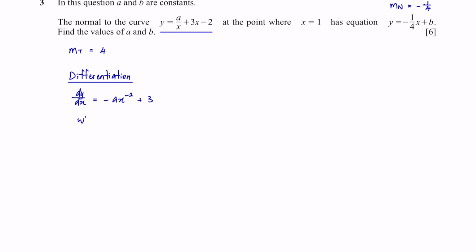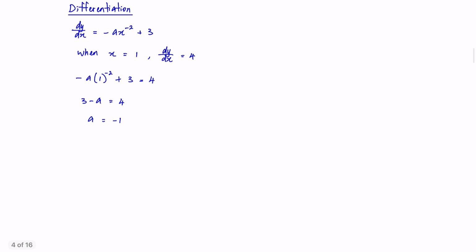And when x equals 1, dy/dx equals 4. So negative a times 1 to the negative 2 plus 3 equals 4. So 3 minus a equals 4, a equals negative 1. So this is the value of a, negative 1.